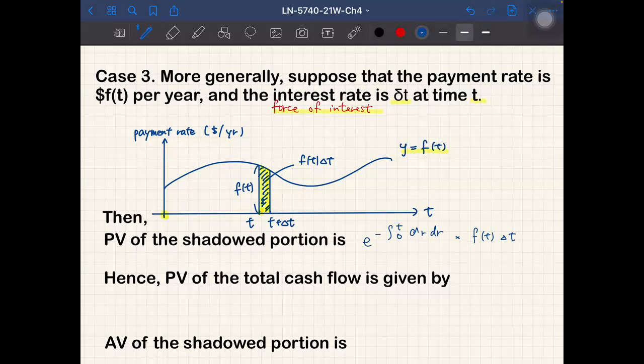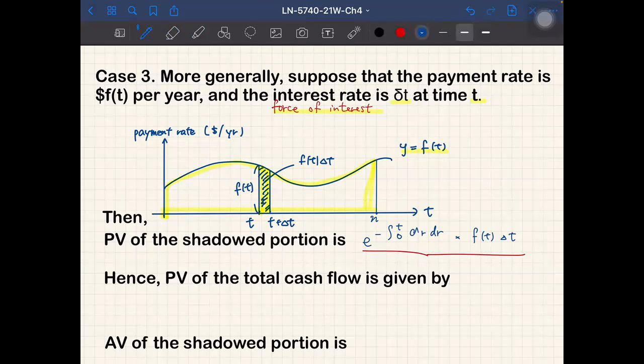To calculate the entire value from time 0 to n, what is the present value of the entire amount? It is the integral from 0 to n, so we have to integrate this amount from 0 to n.